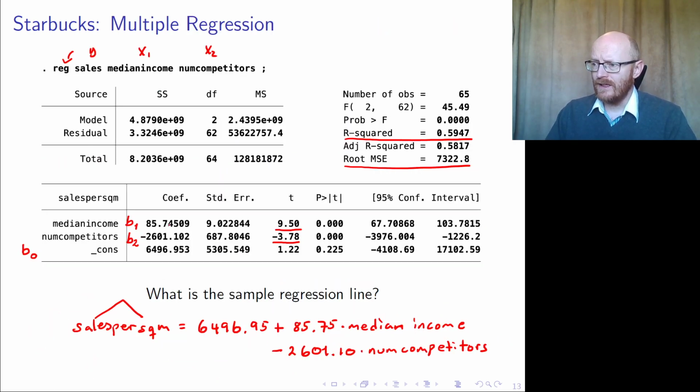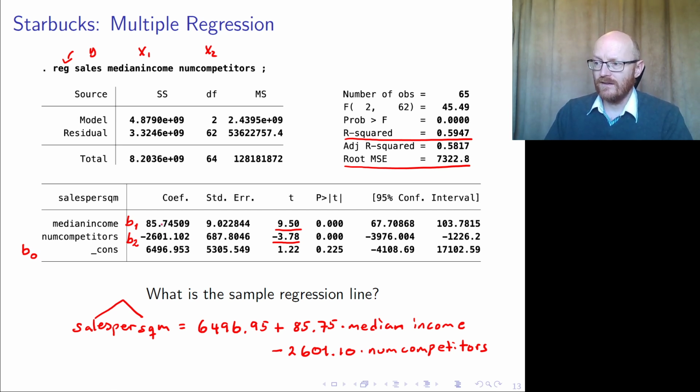And what we have here is that in both these coefficients, B1 and B2, we have kind of included the effect, or split the effect of median income on sales per square meter and of the number of competitors on sales per square meter.